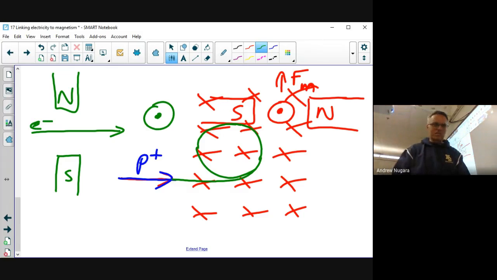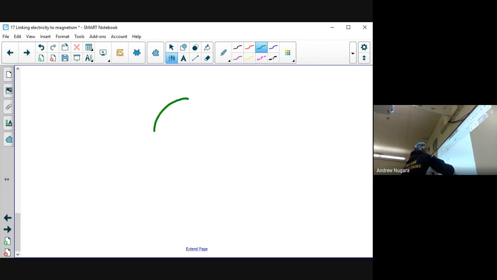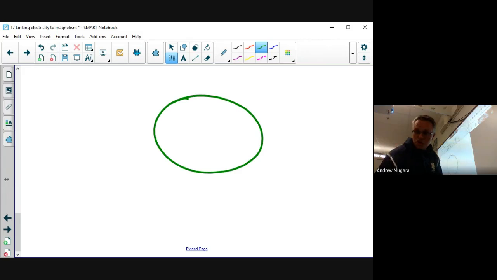In terms of your assignment, there are questions like use the third hand rule. A question might be something like, let's say here's the Earth, and you should know that this is the magnetic south pole of the Earth. It's opposite to the geographic south pole. They're not exactly in the same place because the geographic poles are based on the axis of rotation, whereas the magnetic south pole and north pole are not based on that. So anyway, this is the magnetic south pole of the Earth. It's up where we think the geographic north pole is.